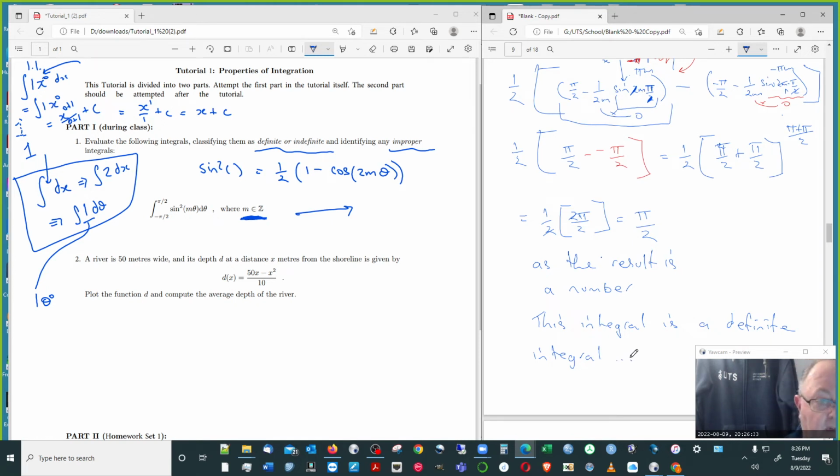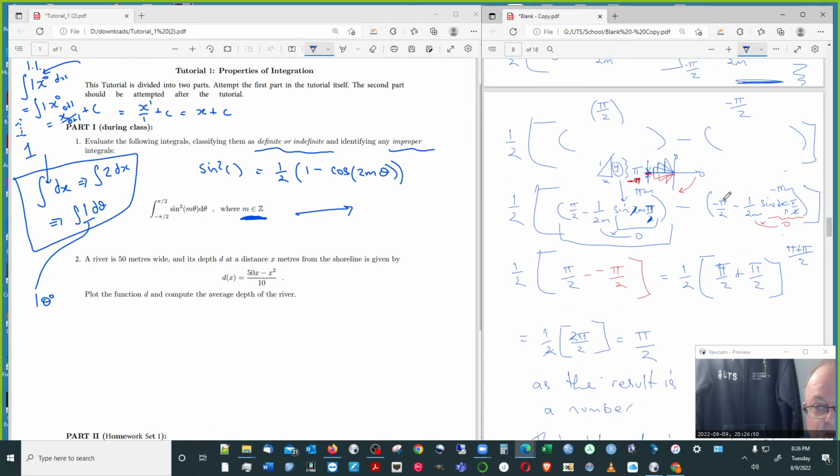So it's a definite integral, so we're able to classify that in that particular version. So that's a bit of a harder version. I haven't given you that for the homework, so don't be overly concerned about that one. Alright, are there any questions about the process of integration? Hopefully you can see some of the things are common.